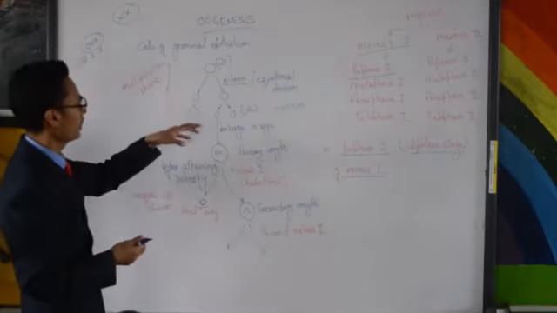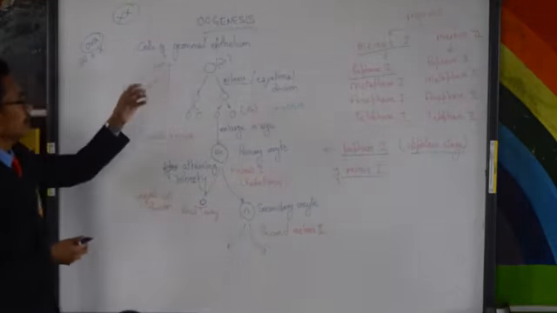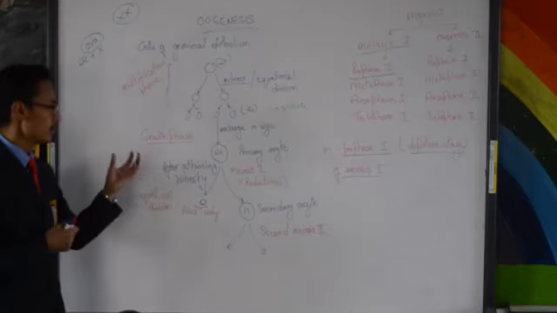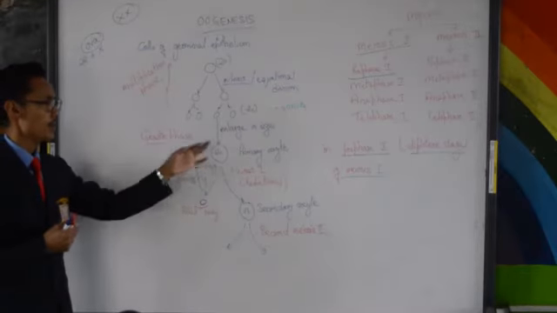The cells of the germinal epithelium keep on dividing by mitotic cell division or equational division, and those cells are known as oogonia. They have undergone the multiplication phase. Then the second phase is called the growth phase, where the oogonia increase in size, and when they enlarge they are known as primary oocytes.